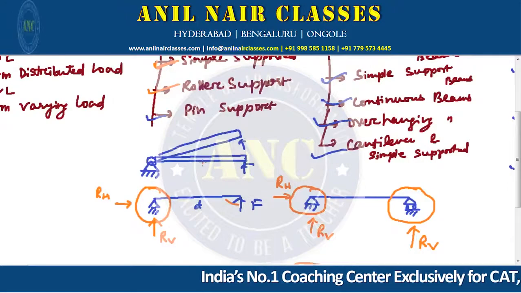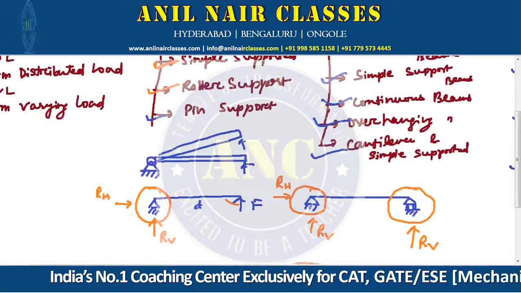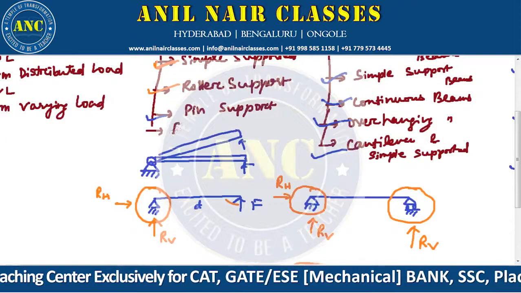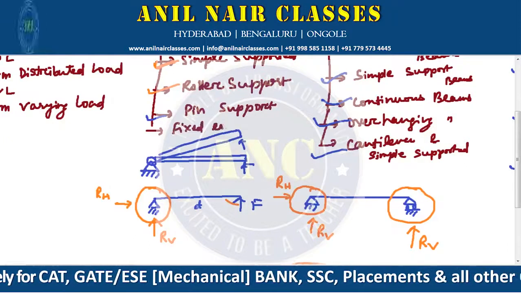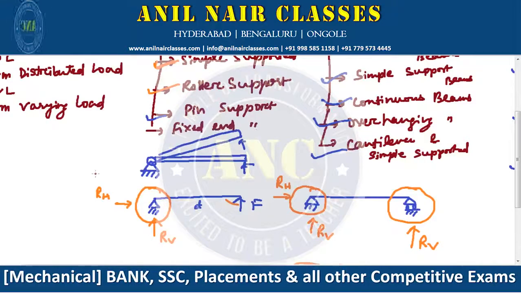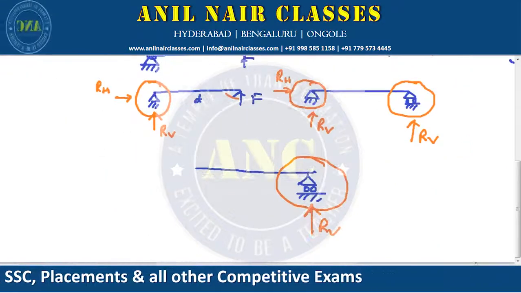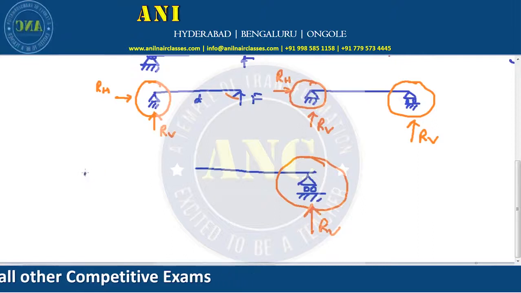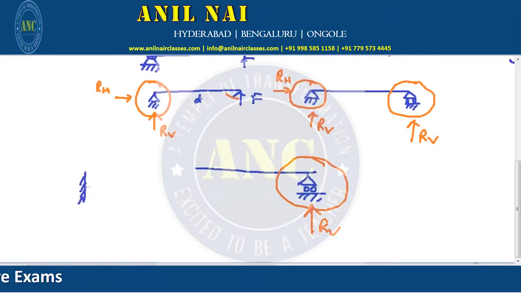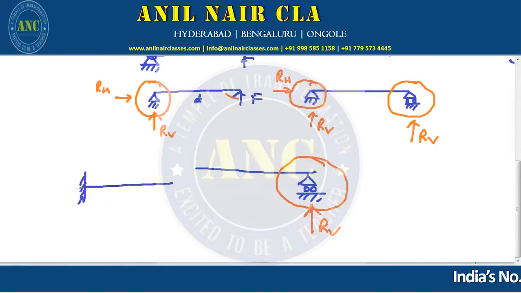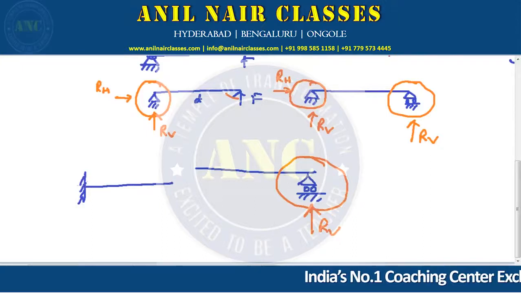Now apart from this, I can also add one more support, that is the fixed end support. Now what is this fixed end support? Here, say this is a cantilever beam. Fixed end means a cantilever beam.